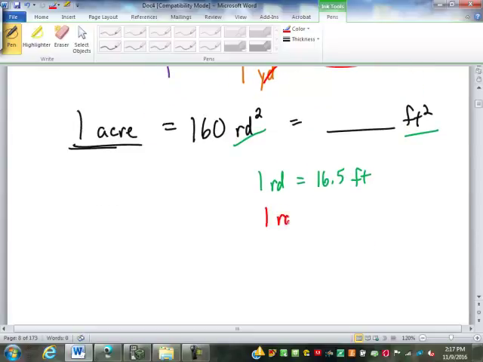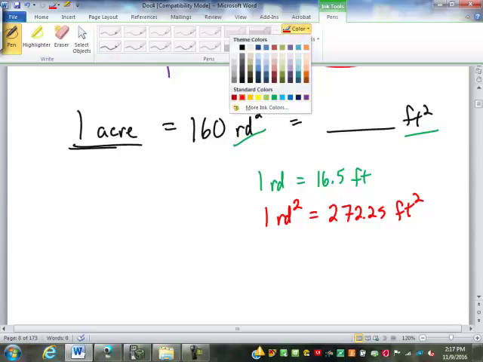A rod squared is a square rod. 16.5 squared is 272.25, I believe. And feet squared is just a square foot. So 1 square rod is 272.25 square feet.